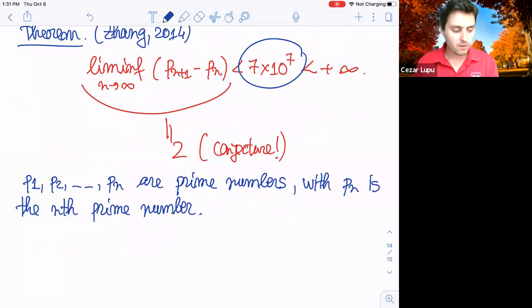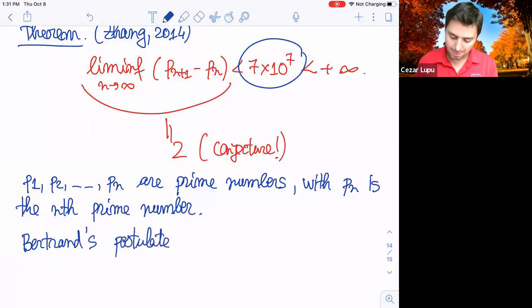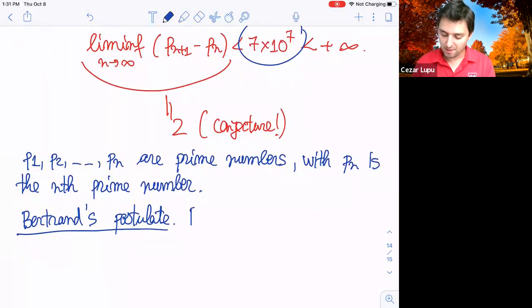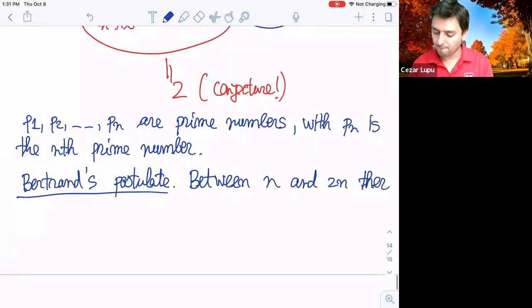The first thing I would like to say is Bertrand's postulate, which says the following, it's very nice. Between n and 2n there exists a prime number.